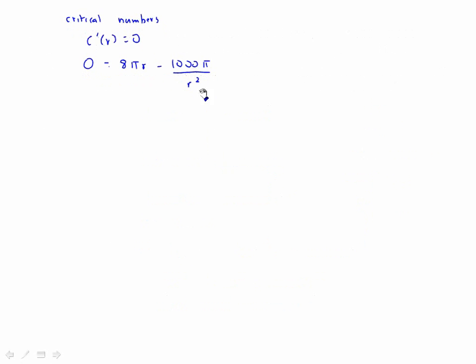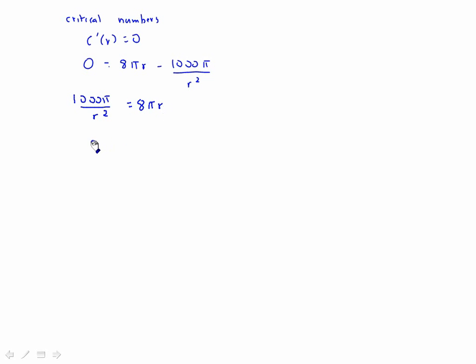Yes, so I got that on the bottom. I'll bring the 1000 pi over r squared to the left side to make it positive, and that's equal to 8 pi r. Reminder again that I would normally get a common denominator, set it to 0, and work with it like that, because it would make my interval analysis easier. But because I'm not doing that for the application, it's just easier this way.